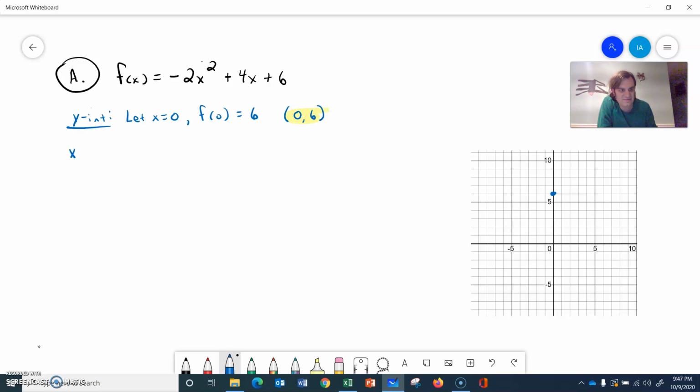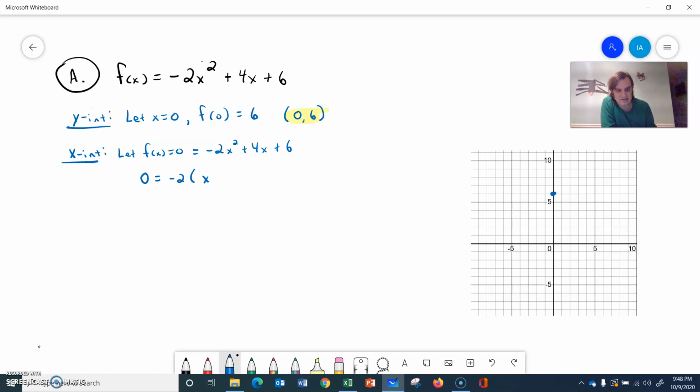The next thing we would like to find is the x-intercepts, if they exist, and that comes from letting f of x equal 0. So we will set that equal to 0, which is negative 2x squared plus 4x plus 6. And this looks like something I can factor, so 0 equals, let's pull a negative 2 out.